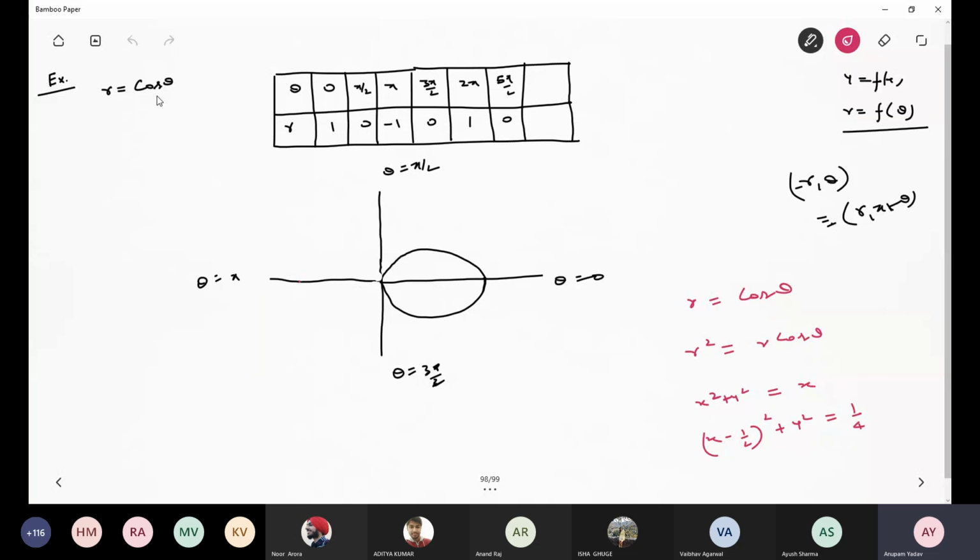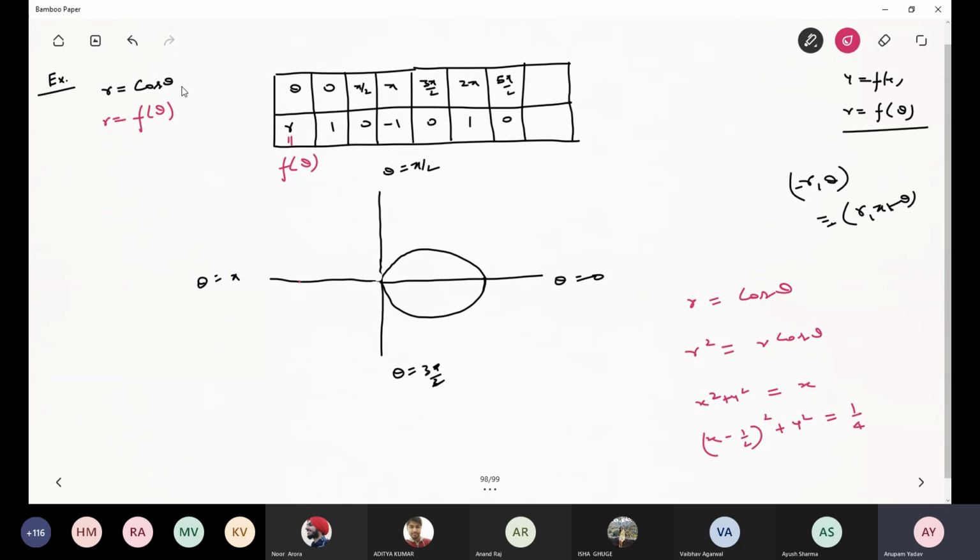Okay, हम यहाँ पे क्या कर रहे हैं कि we are evaluating the value of r equals to cos theta, means this is treated as r equals to f of theta. Okay, so this value is nothing but f of theta. Okay, and then we are choosing different values of theta on our own and we are evaluating the value of corresponding r.